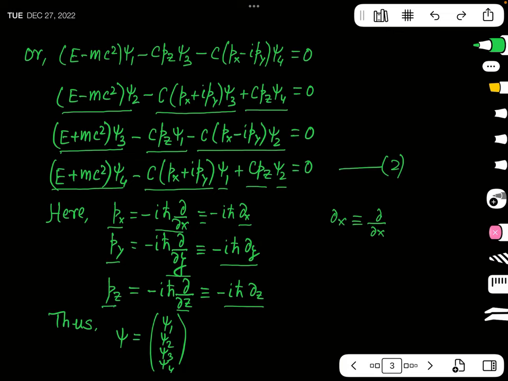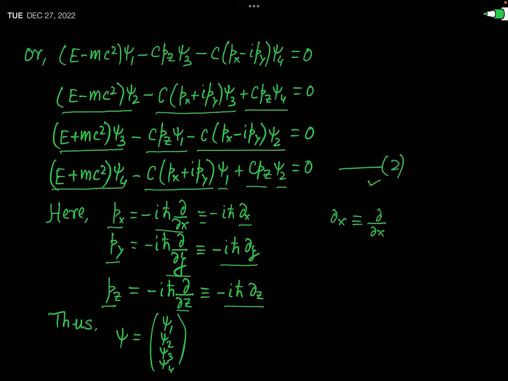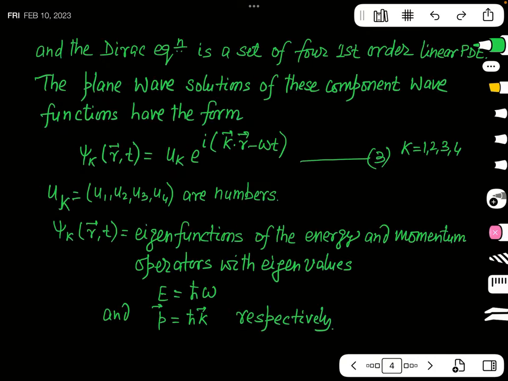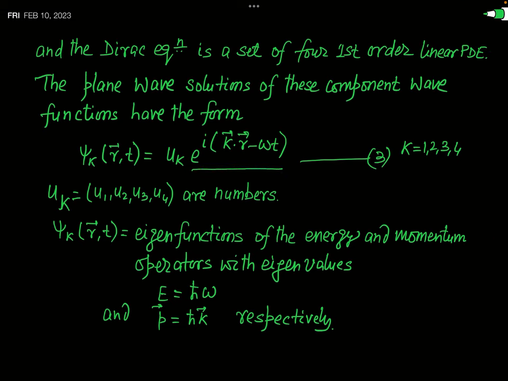So our aim is now to solve these 4 equations defined in equation 2, and the solution should be in the form of a plane wave. So the plane wave solution, you know, is in the form of e to the power I k dot r minus omega t. This is called a plane wave.